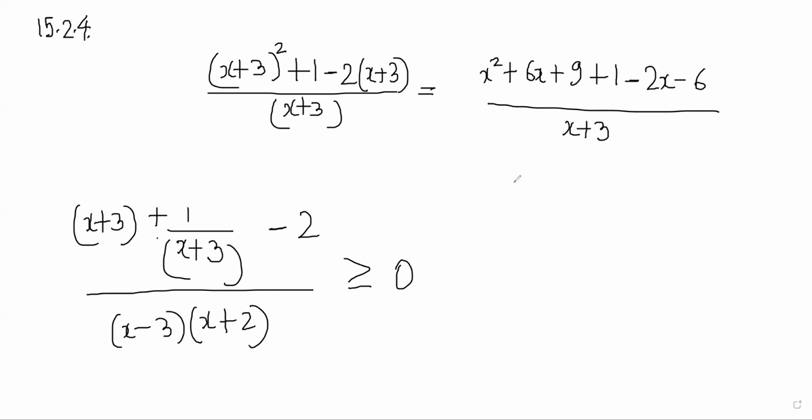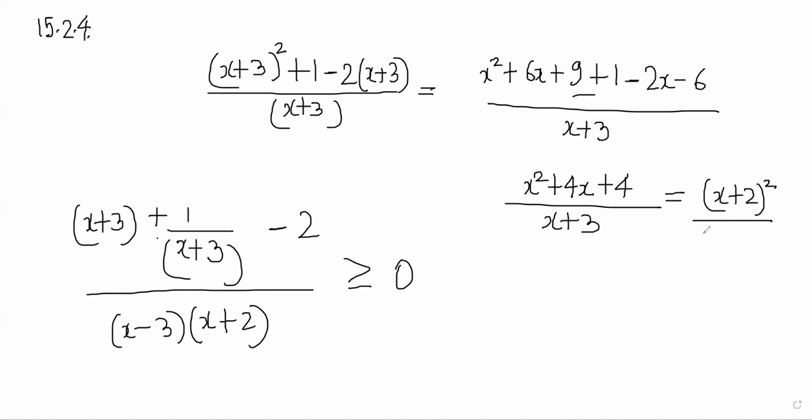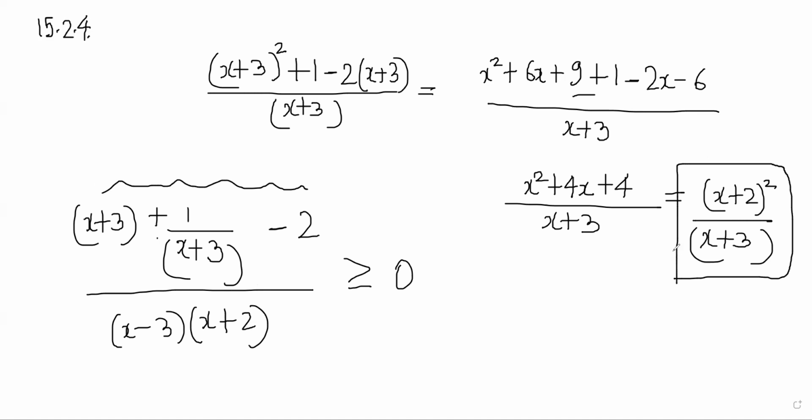So the top part becomes x squared plus 4x plus 10 minus 6 plus 4 by x plus 3, right? So it is clear that this top part is x plus 2 whole square, right?